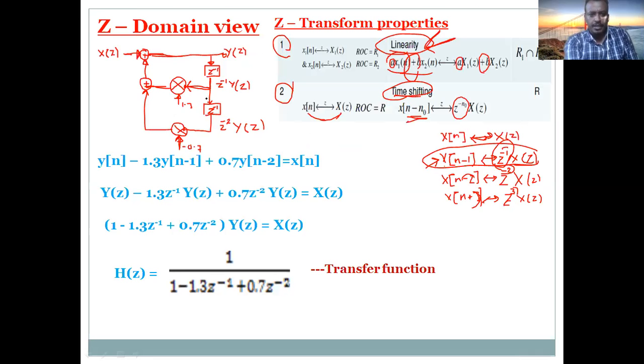Now we see here the same system, but represented in a different domain. We call it Z domain. Why do we need to transform the system from time domain to Z domain? Because for mathematical analysis and design, Z domain is relatively much easier.